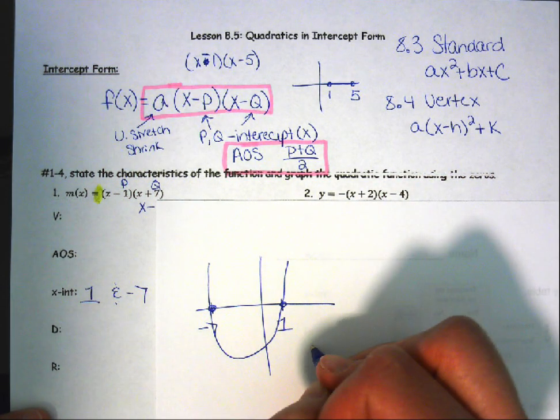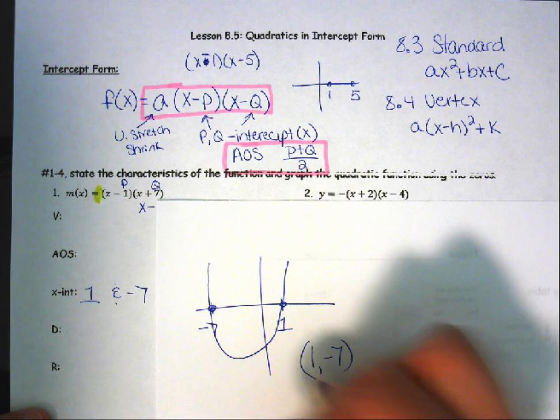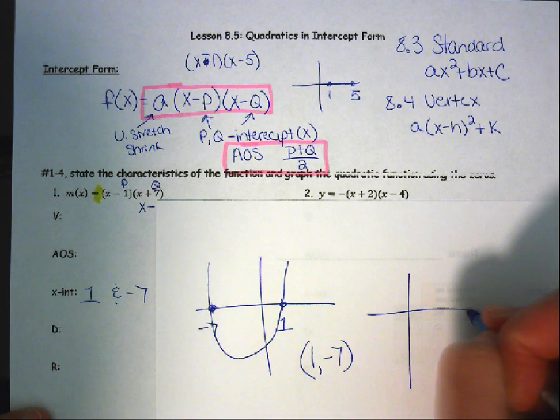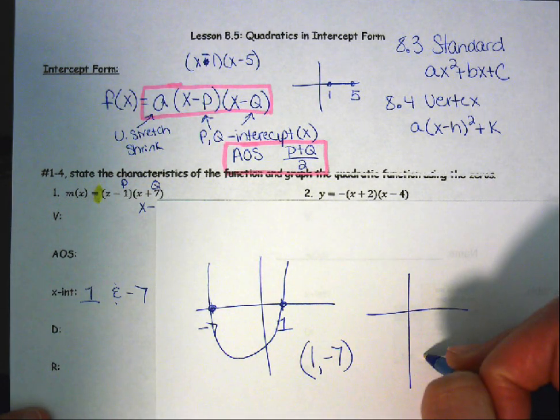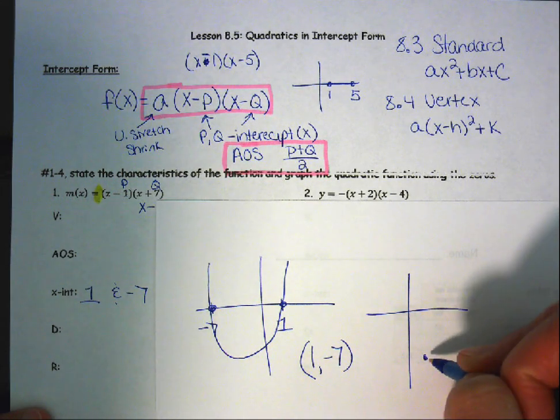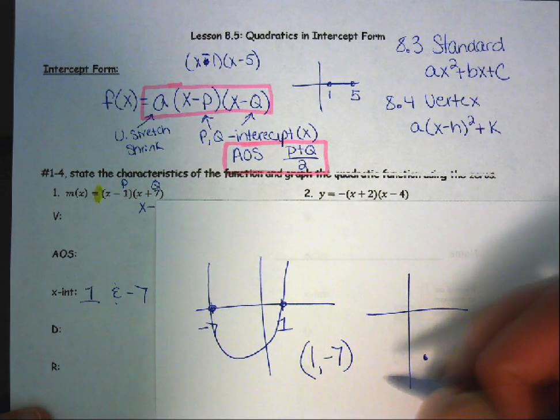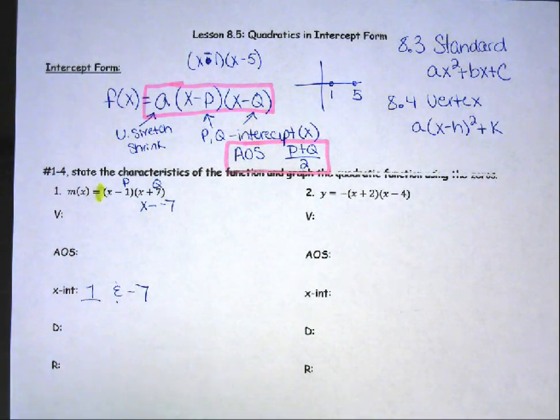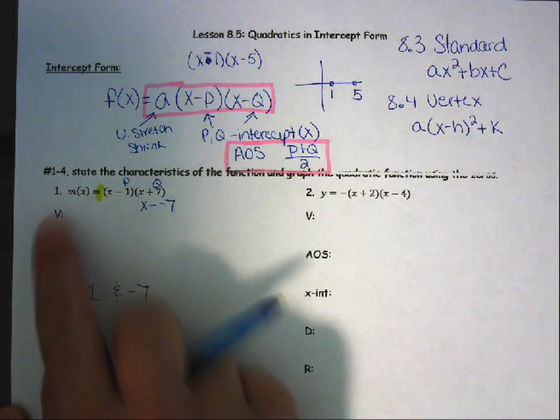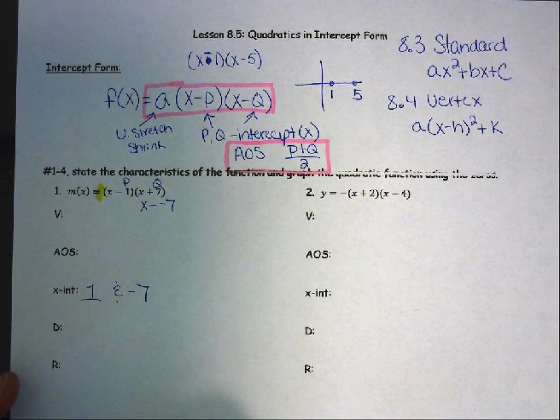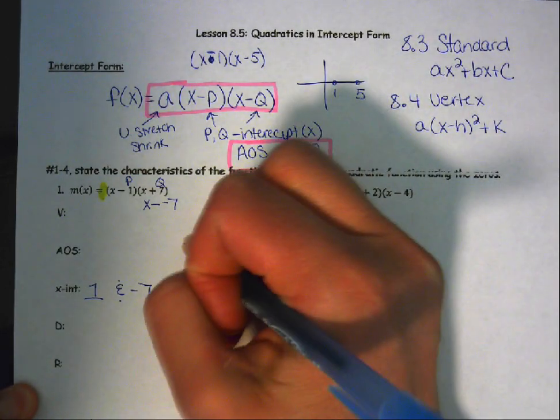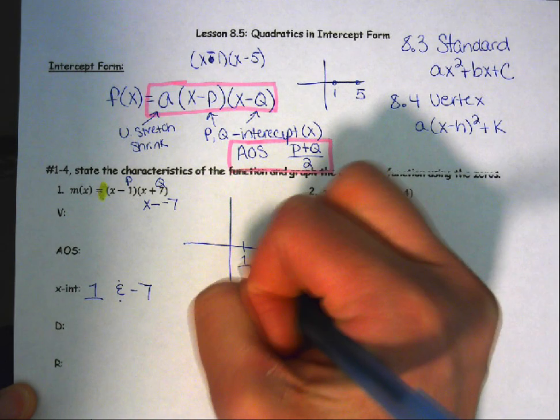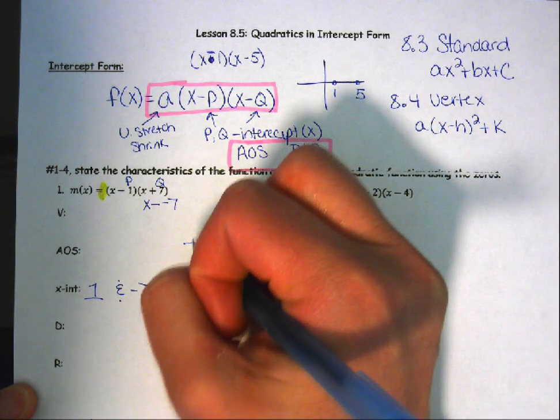If you were to list it with a comma, then someone might think that you go over 1 and down negative 7. And so now they're like, is that the vertex or what is that? So you want to be really careful if you're talking about intercepts or if you're talking about the vertex. We know it crosses at 1 and we know it crosses at negative 7.